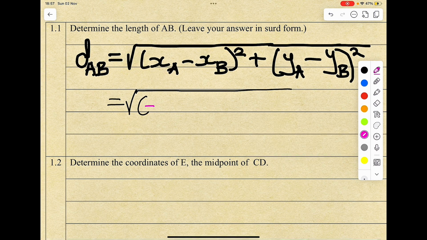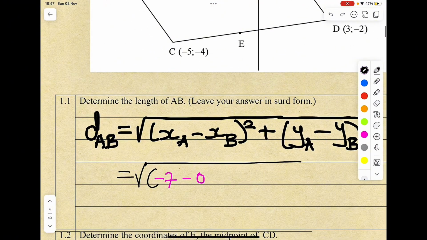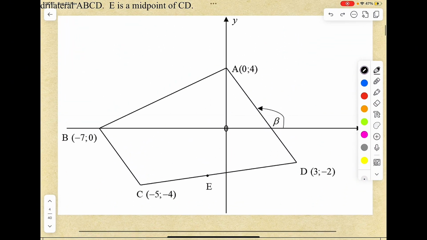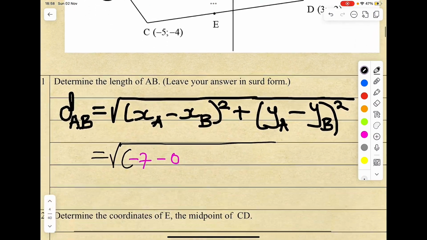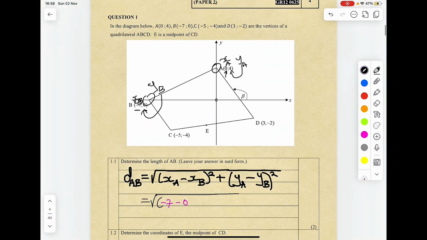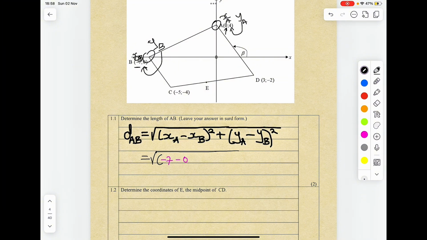AB, right? So we're gonna go to A and B. So our x is this, x B and x A, and y A, and we have y B, which is this one. Let's check, so that we are sure.